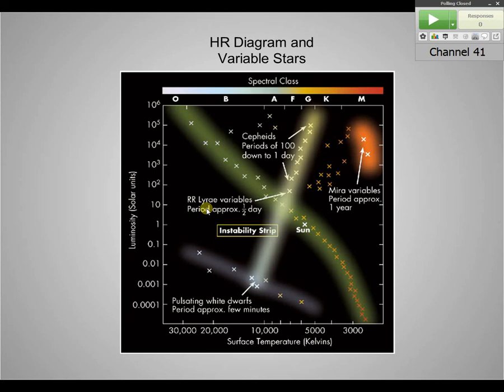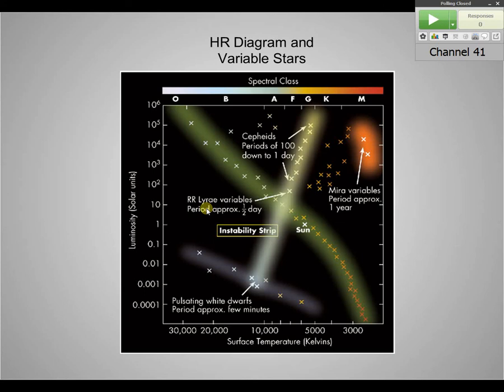But generally speaking, if a star happens to lie along this little strip here that almost makes like an X with the main sequence, we call that the instability strip. And if it lies along that strip, chances are that its luminosity is going to be unstable and it's going to vary in some way.